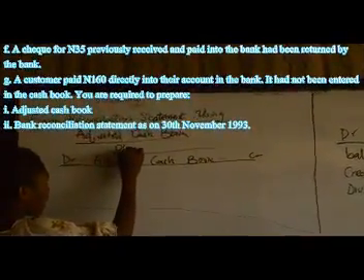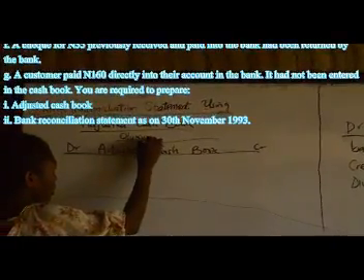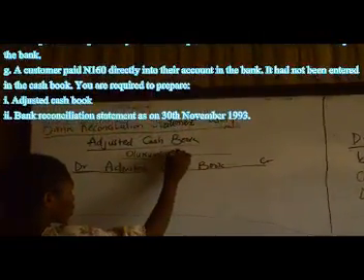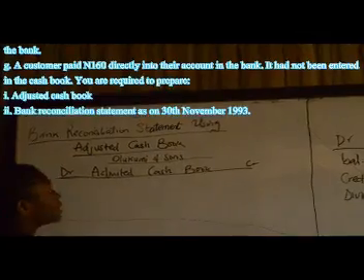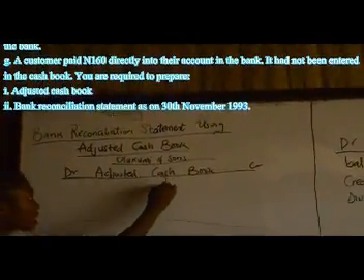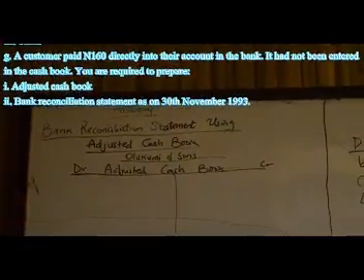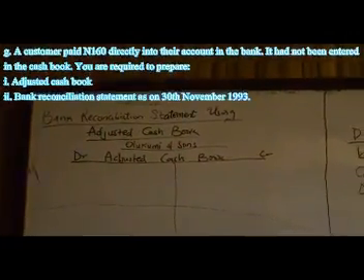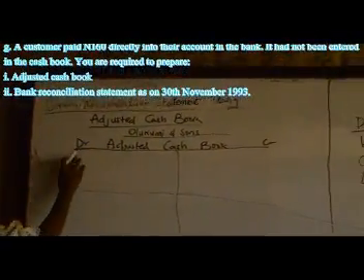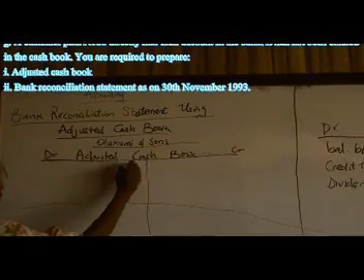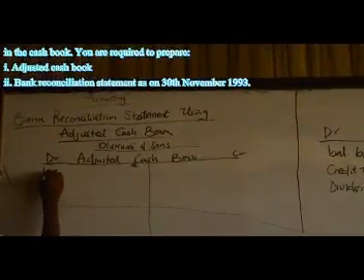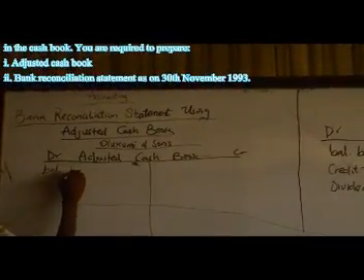So the name of our account is Olukumi and Sons. This is our adjusted cash book. Quickly, now we had that it showed a debit balance, okay? That means we'll be entering that on the debit side. Our balance brought forward will be on our debit side.